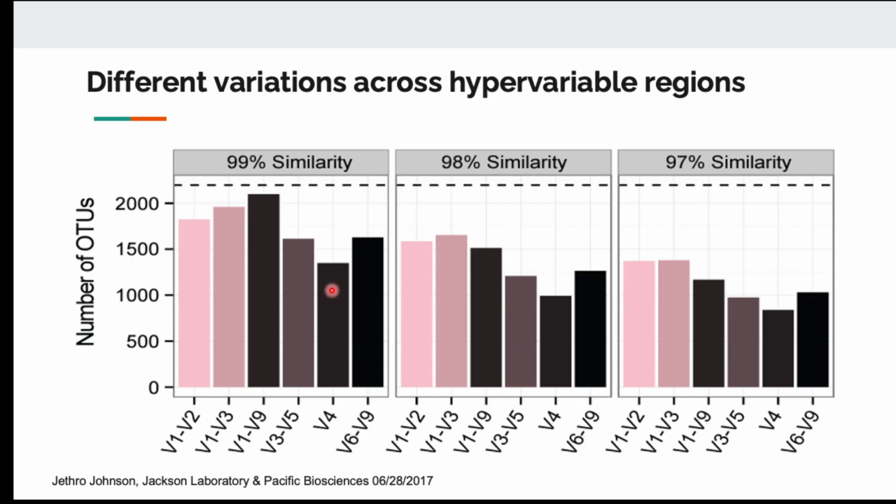But from here you can see that the choice of which hypervariable region can be important. If you study V4, or V3 to V5, you are not going to be able to distinguish organisms as well as if you study V1, V2. So this information can help you decide which area to sequence in your study.